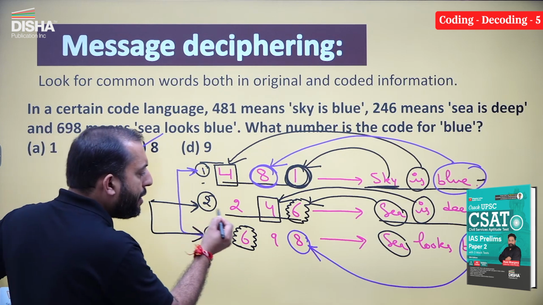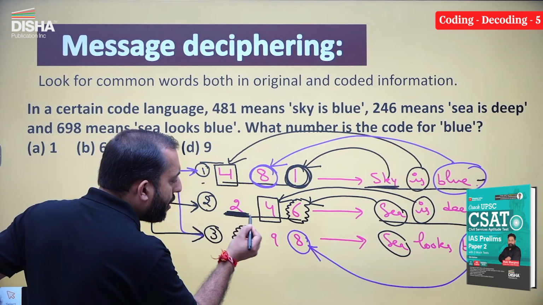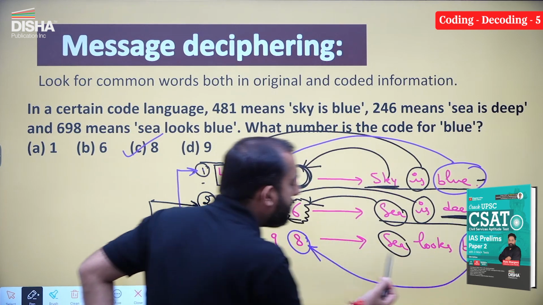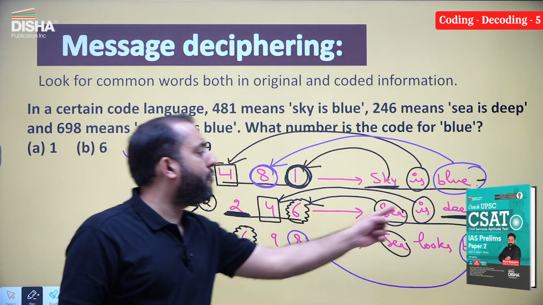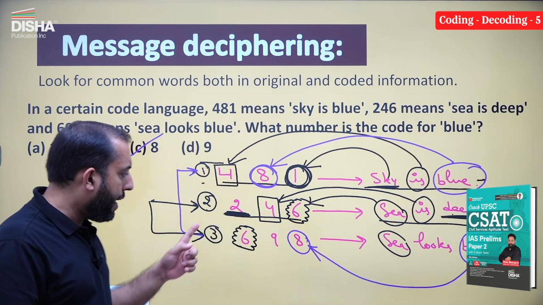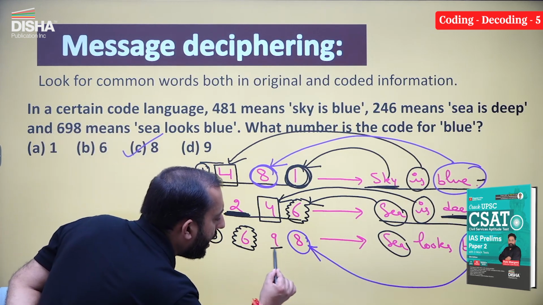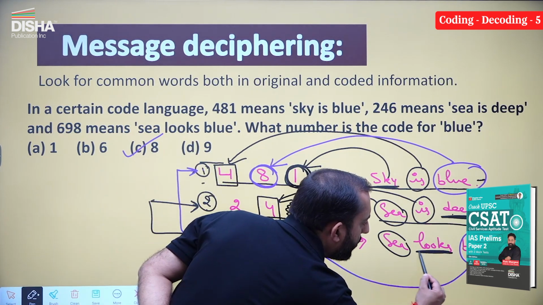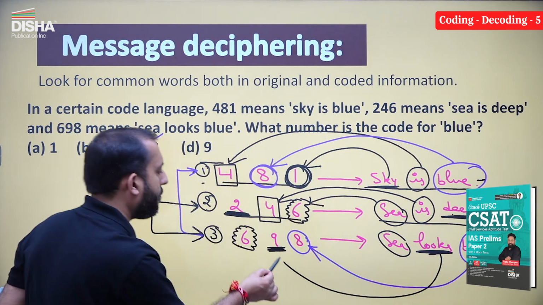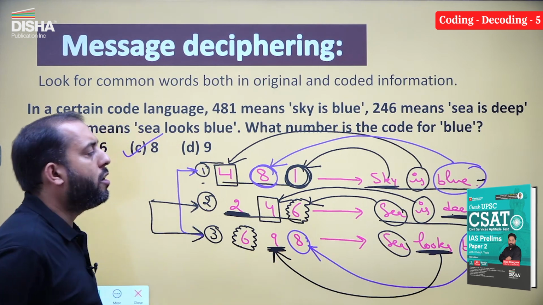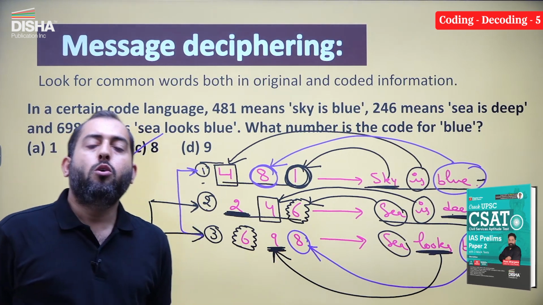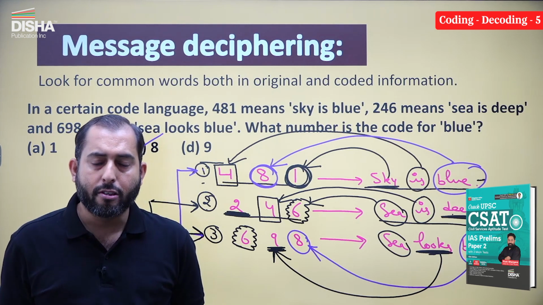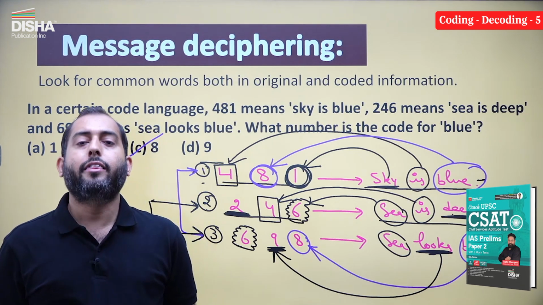Now in statement 2, only the digit 2 is left out, and on the other side, the word deep is left out. It means 2 is the code for the word deep. And in the final case, 9 is left out on the left hand side and looks is left out on the right hand side. So 9 is the code for looks. So this is the way of deciphering these kinds of problems. I hope you have understood it. Thank you so much.